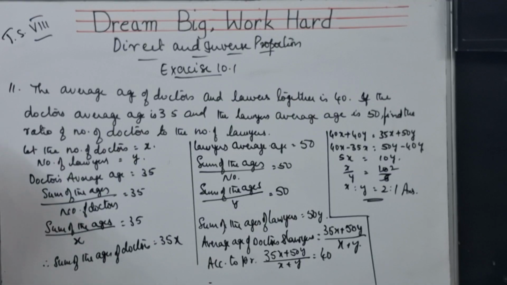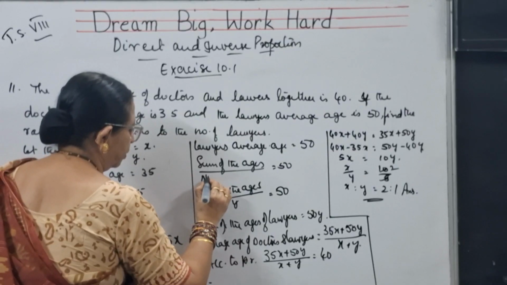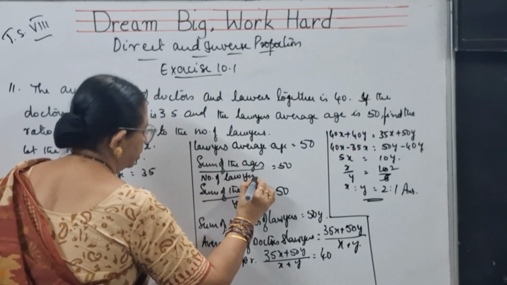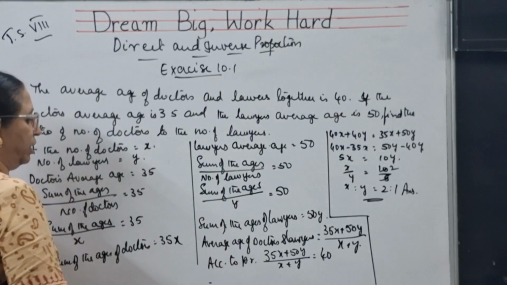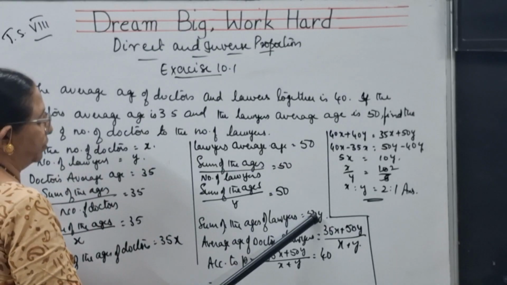And the lawyers' average age is 50. So sum of the ages by number of lawyers y is 50. So the sum of the ages of lawyers is 50y.